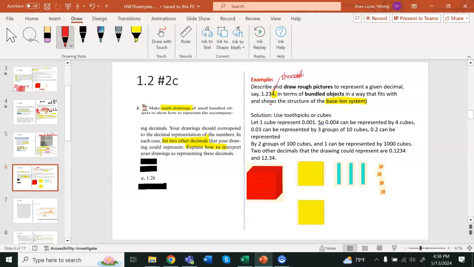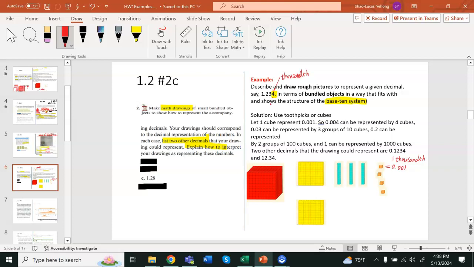So we start from the smallest place value, thousandths, and make it represent whatever object you're going to use. My 1 cube here represents the thousandths, which is 0.001.